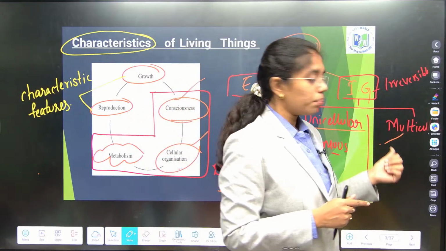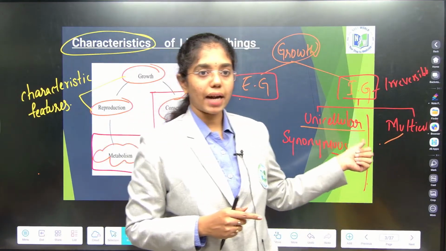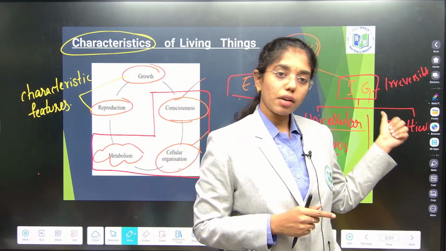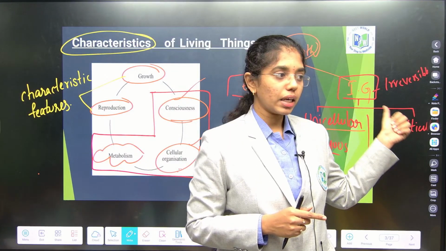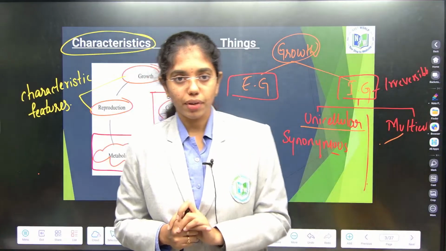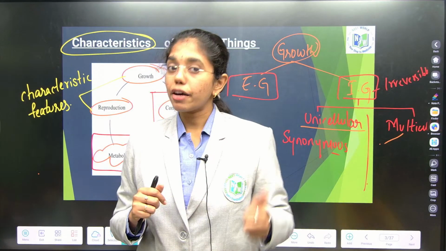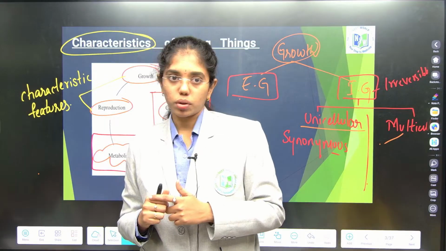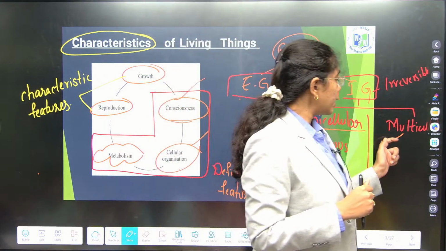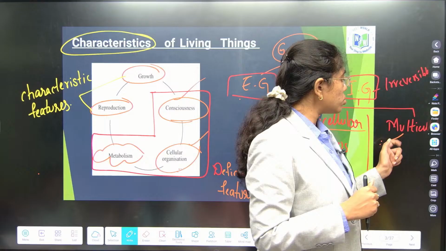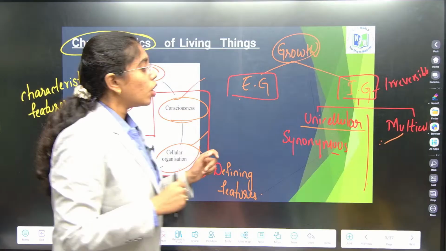So, that is the multicellular organism. One is Plantae growth, which is an irreversible permanent increase in size, which is continuous throughout its lifetime. Next is Animalia, which is definite or determinate growth. And here in multicellular organisms, growth and reproduction are not synonymous.